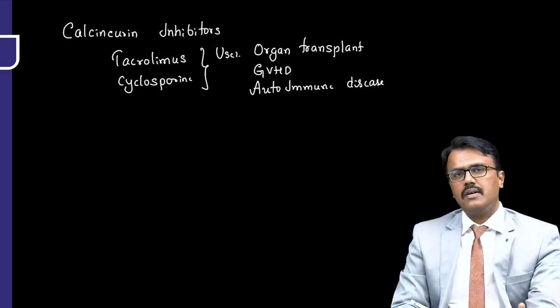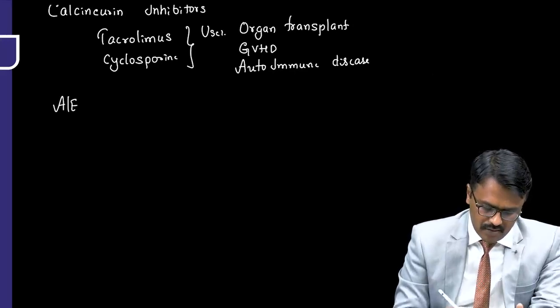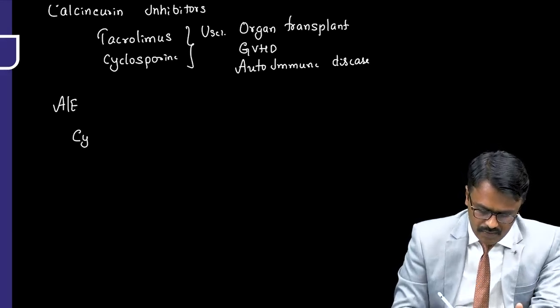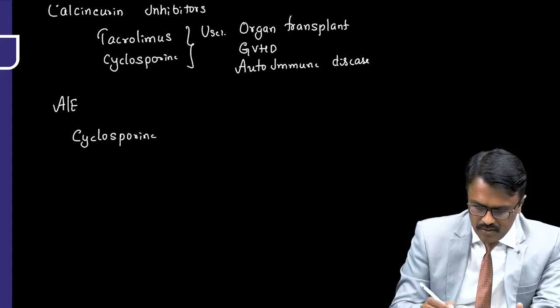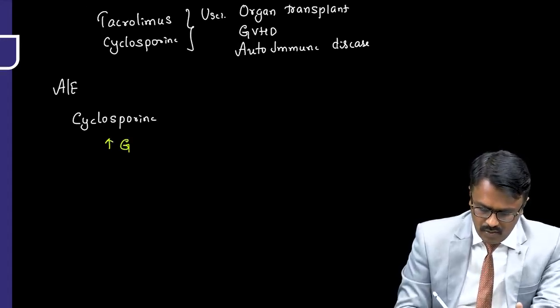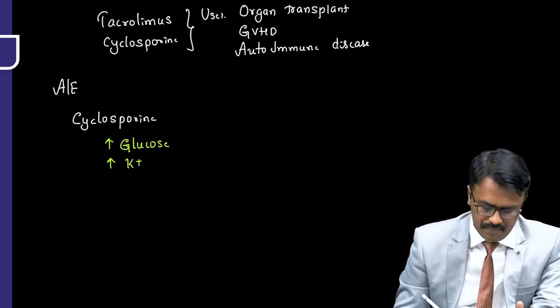But the adverse effects are most important here. What is the adverse effect of these drugs? Now these are toxic drugs. So let me tell you the story of cyclosporin. Cyclosporin increases glucose, that is hyperglycemia. It increases potassium, that is hyperkalemia.